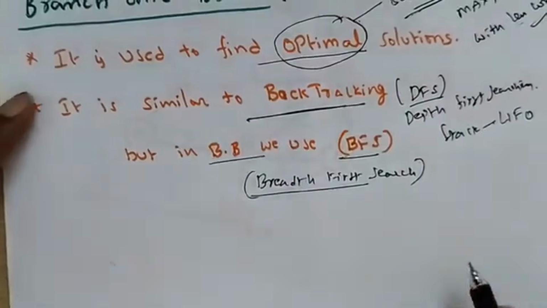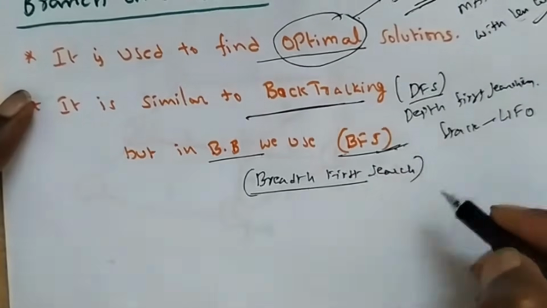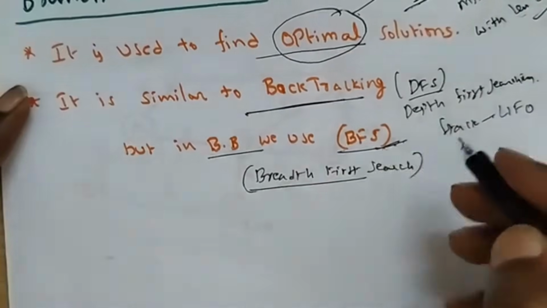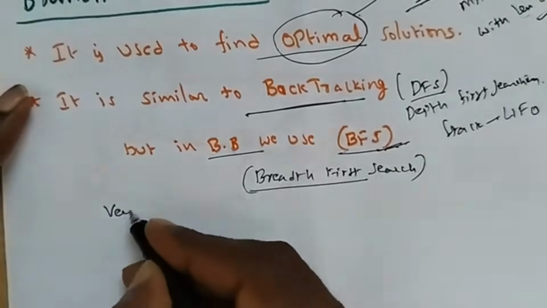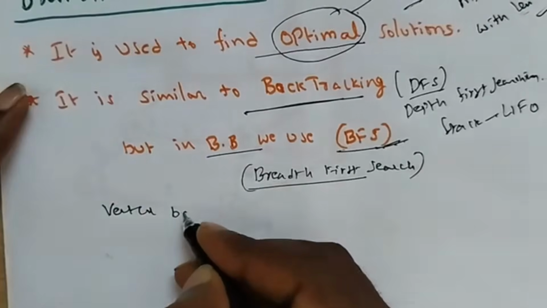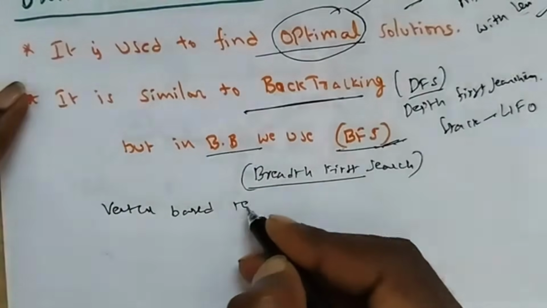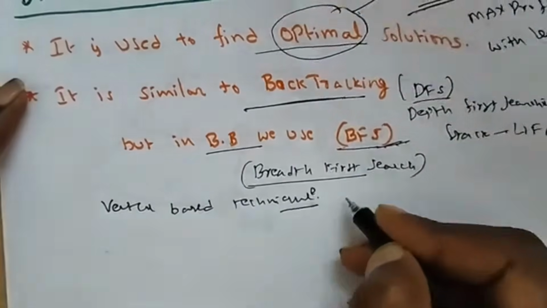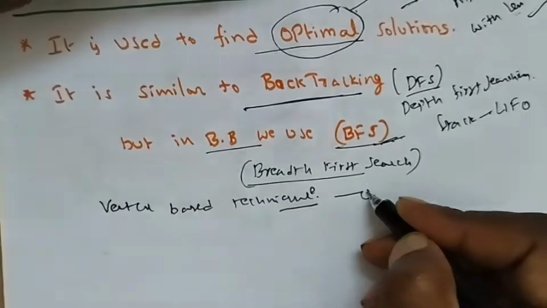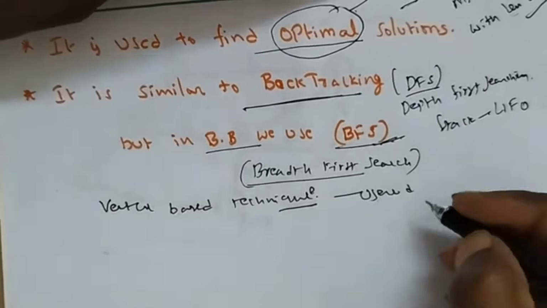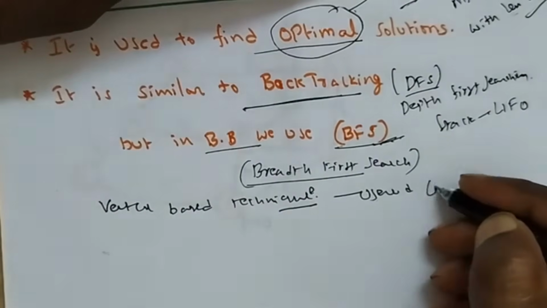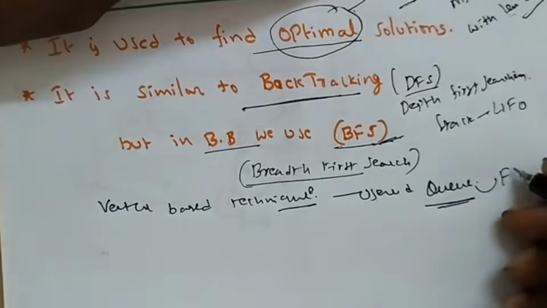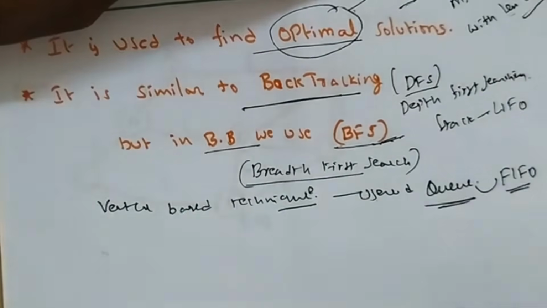BFS is a vertex based technique, and it uses a queue. What is the meaning of queue? Queue is nothing but FIFO.